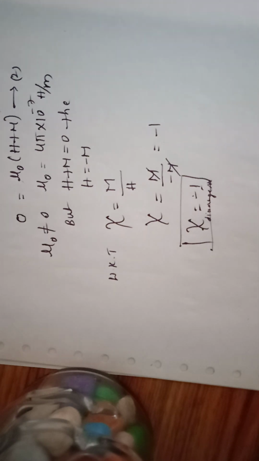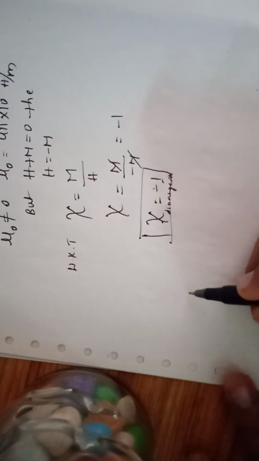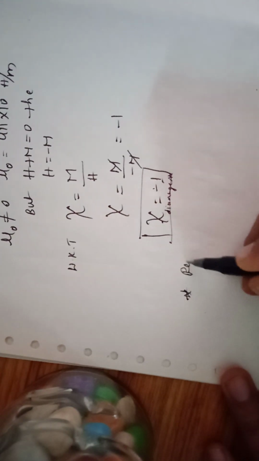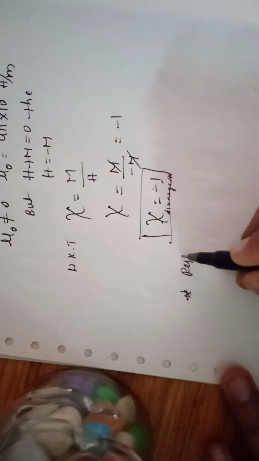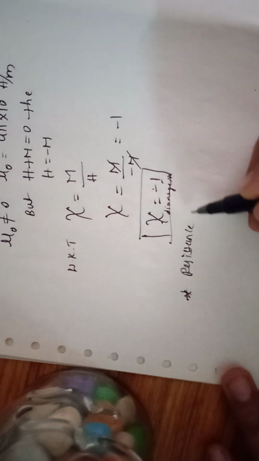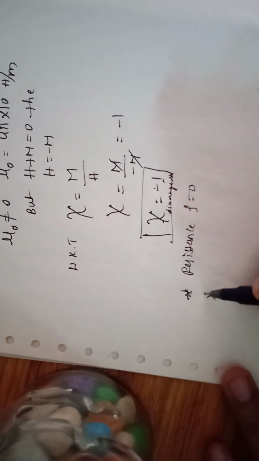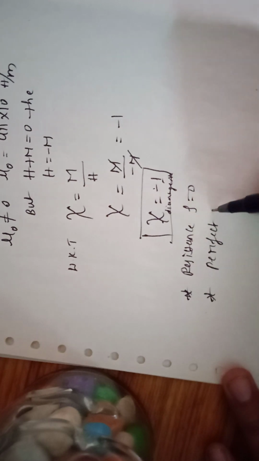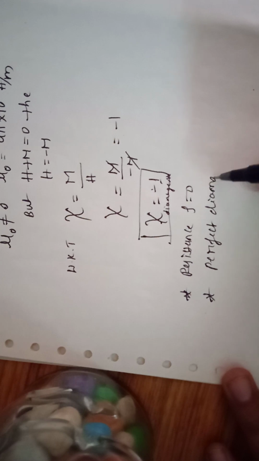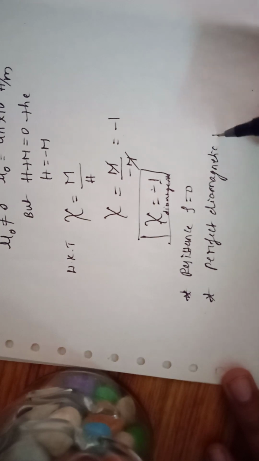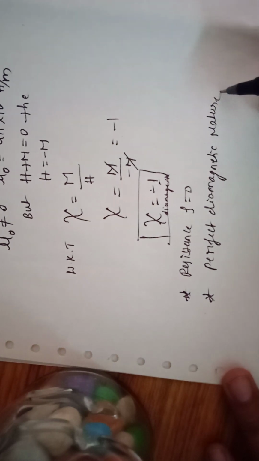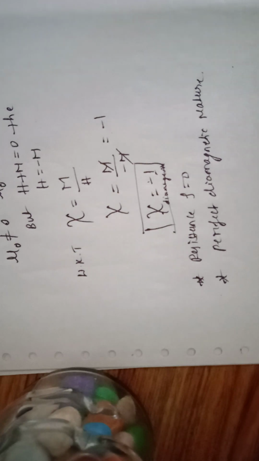I already mentioned that superconductivity is characterized by zero resistance, and another one is that it shows perfect diamagnetic nature. These are the two important characteristic properties of superconductors.